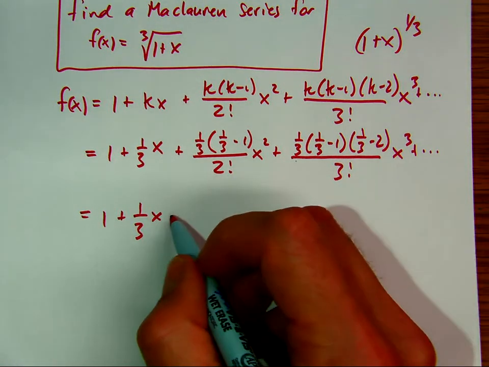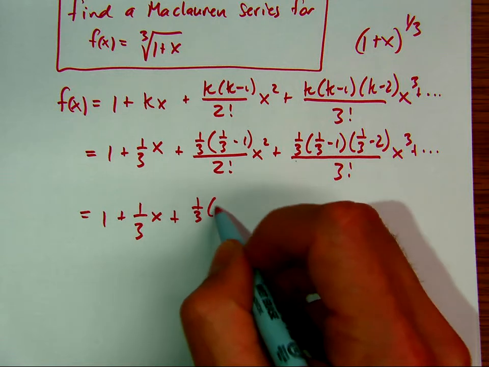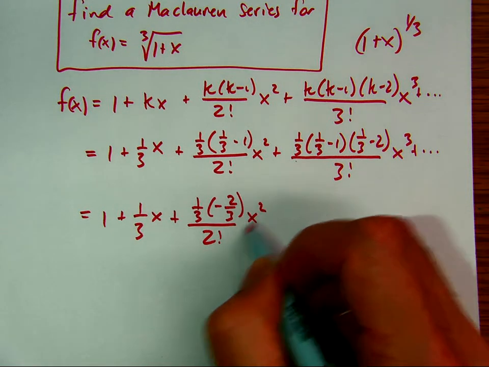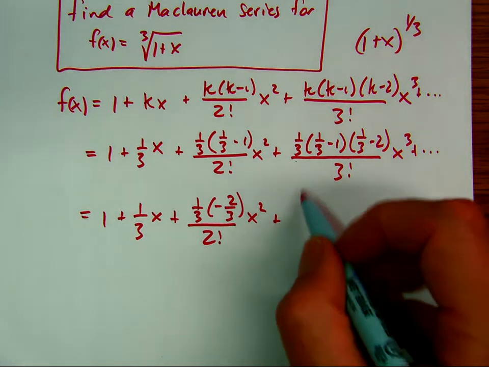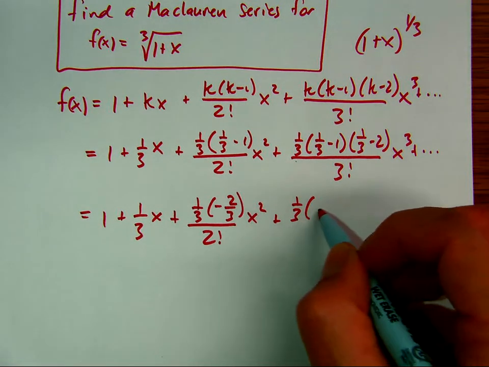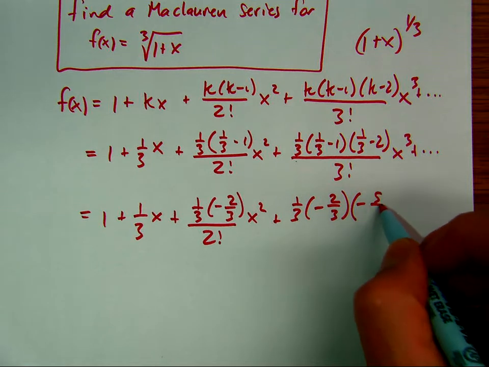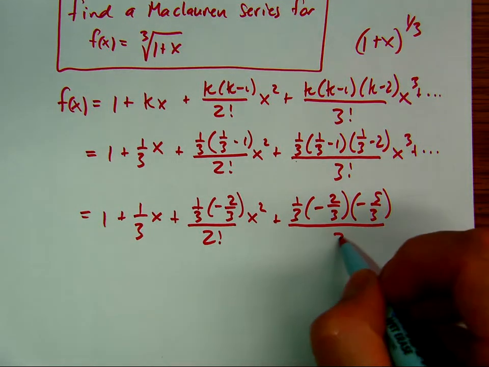So let's just write it as 1/3, negative 2/3, over 2 factorial. Here we have 1/3, negative 2/3, negative 5/3, over 3 factorial.